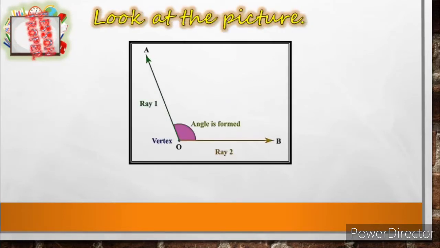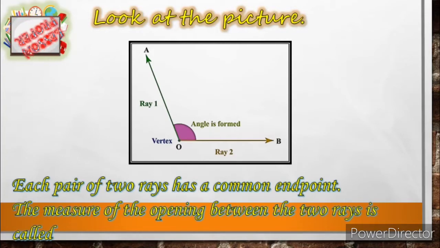Look at the picture. Observe the picture. We have two rays, ray 1 and ray 2. We have also the vertex and the angle being formed. Each pair of two rays has a common endpoint. Ray AO and ray BO have a common endpoint.